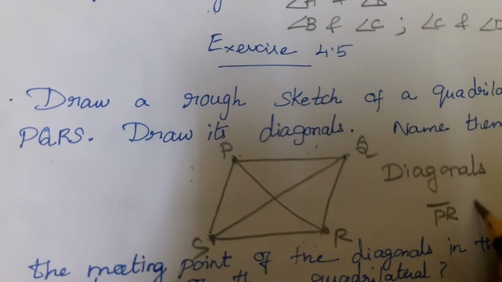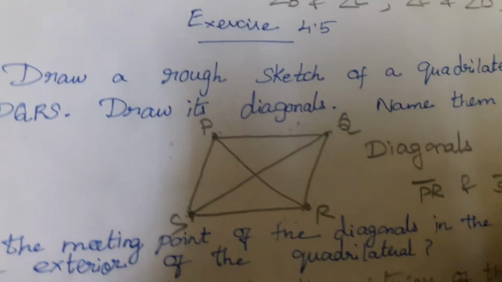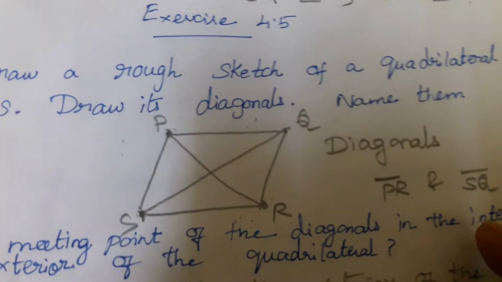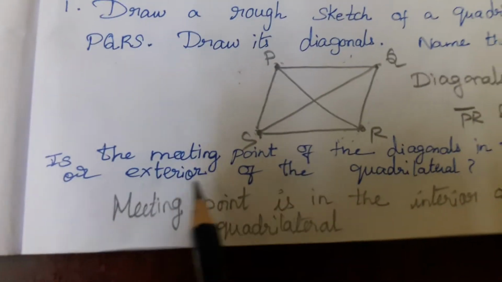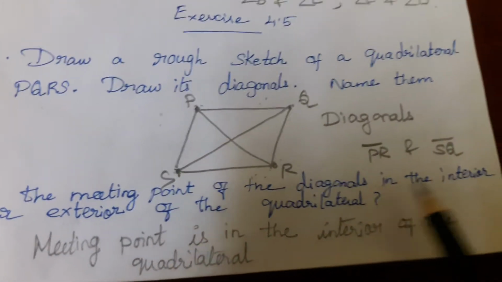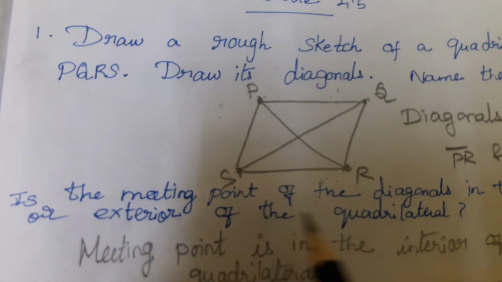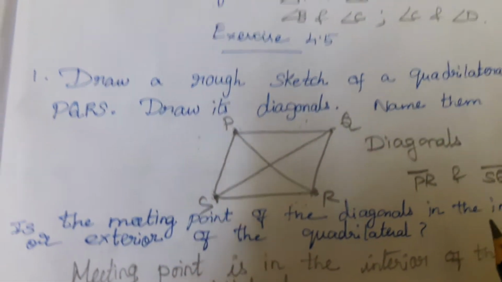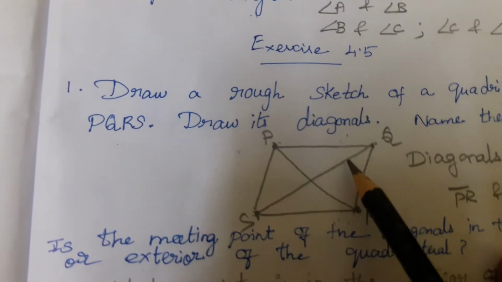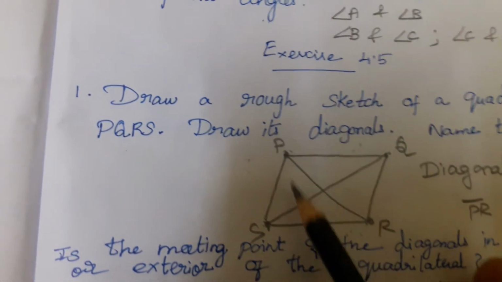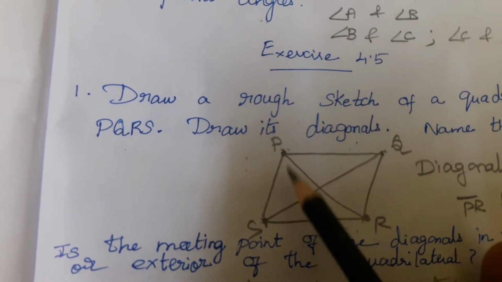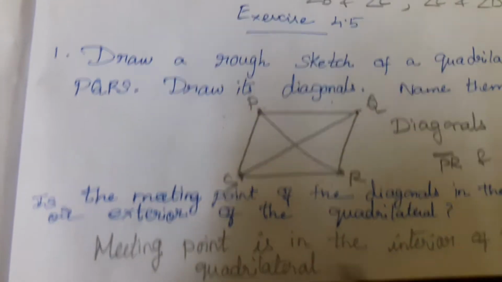Next, is the meeting point of the diagonals in the interior or exterior of the quadrilateral? The meeting point of the diagonals is in the interior.